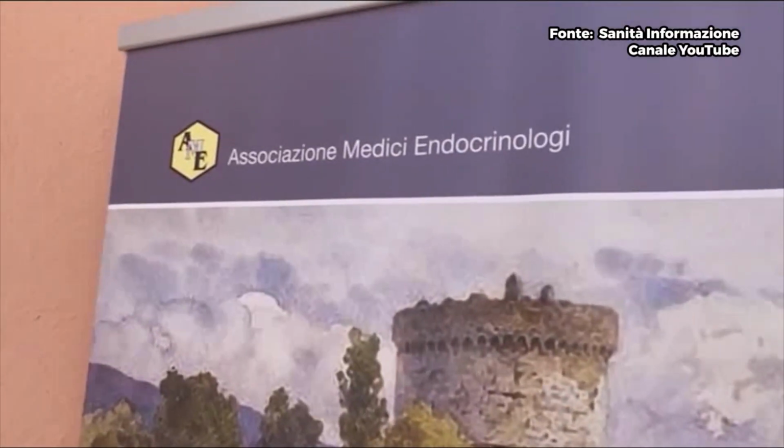The symptoms are the classic ones of hyperthyroidism: palpitations, tremors, nervousness, weight reduction, increased heat production, sweating, increased heart rate. But compared to the other forms of hyperthyroidism, one characteristic of Graves' disease is the presence of signs related to autoimmunity, in particular Graves' ophthalmopathy.